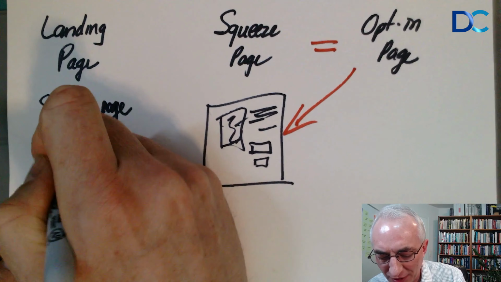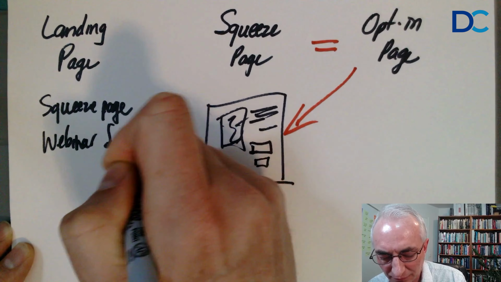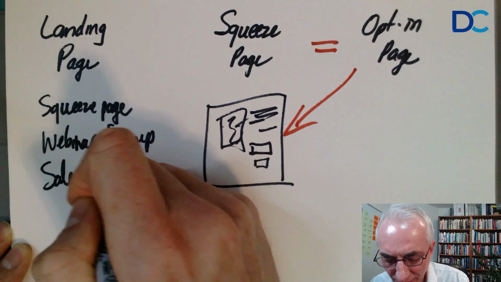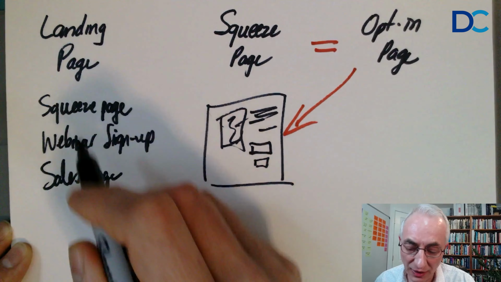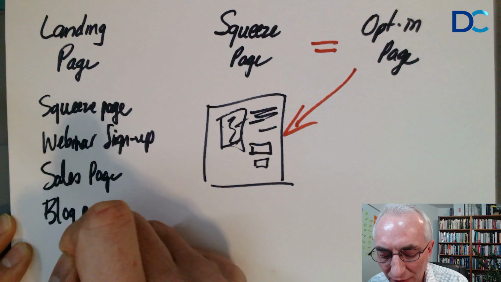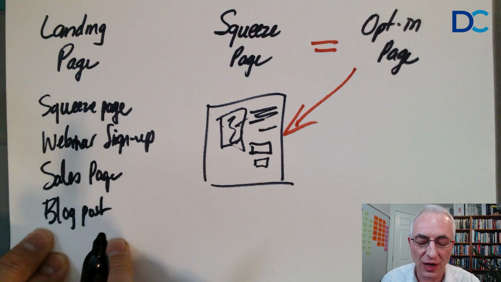It can be a webinar sign-up page. It can be a sales page. Technically, a landing page could even be a blog post. So any of these can fit under this definition of a landing page.